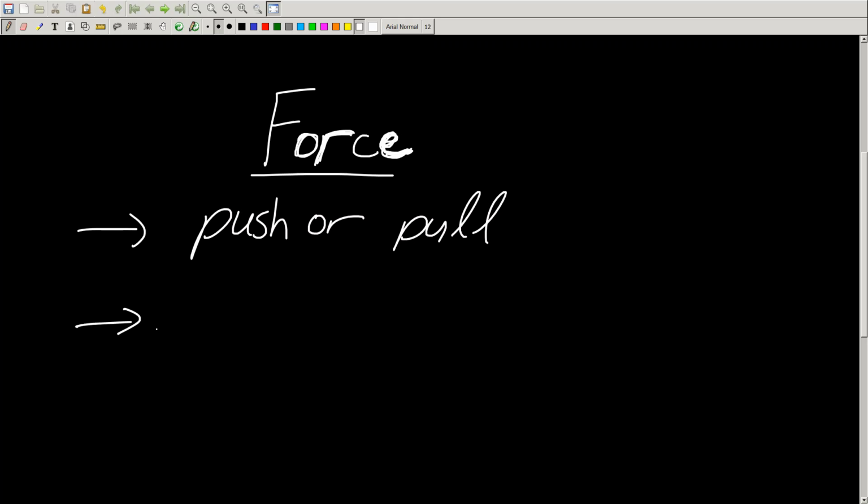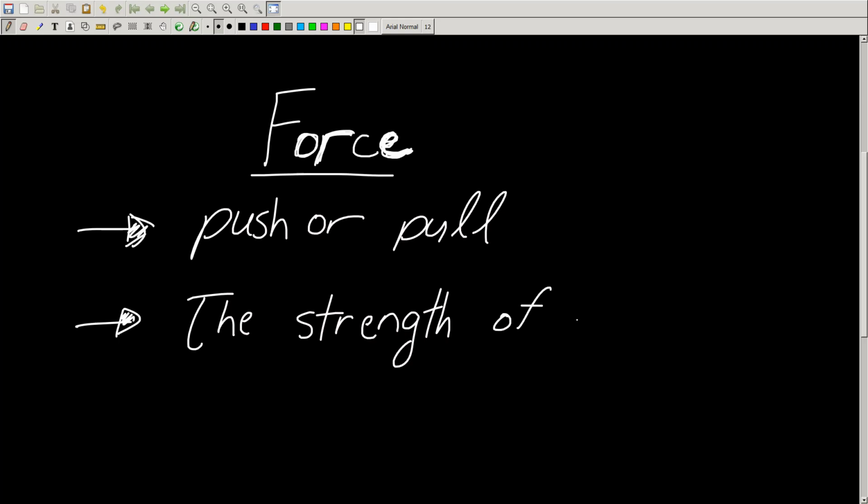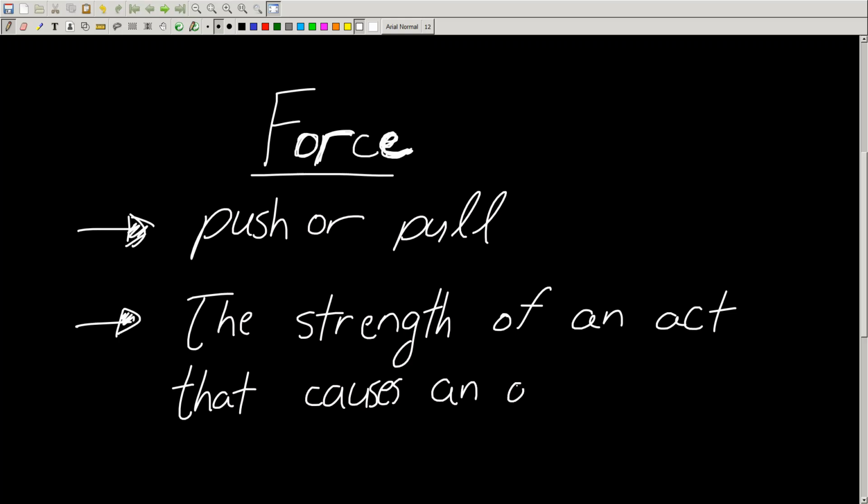Now I want to build on that and make it a bit more professional and say a force is the magnitude or the strength of an act that causes an object to change or alter its motion.